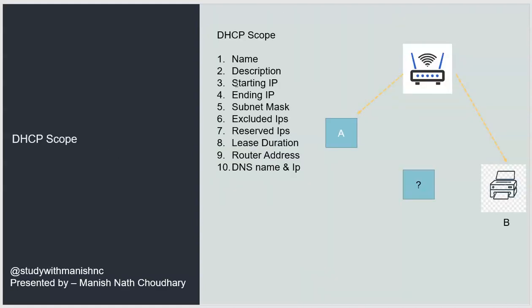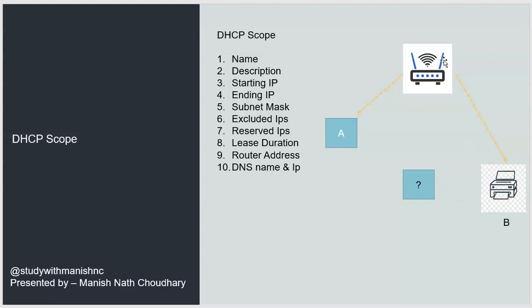Now you can understand that a router, as I discussed in earlier videos, also works like a DHCP server, because whenever any new system joins the Wi-Fi, the router provides a unique IP address to that device. At that time the router works like a DHCP server.